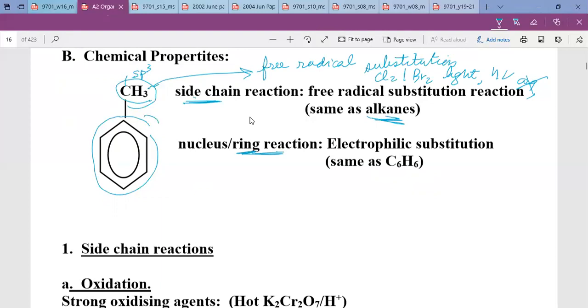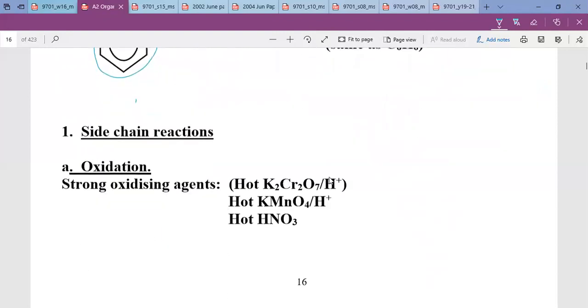Now this side chain reaction, one more. Besides free radical substitution, number two, it undergoes oxidation. This is very commonly asked. Oxidation means that you can react with oxidizing agents such as these three here.